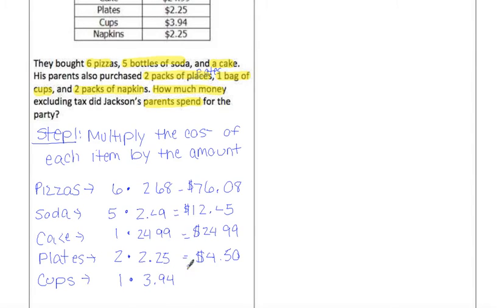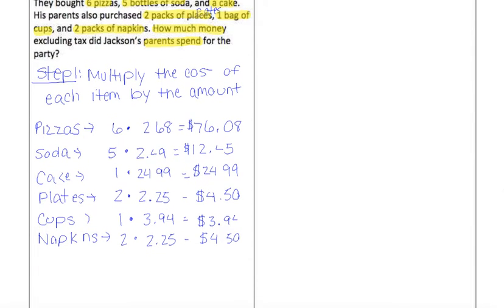And if we multiply that together, we get $3.94 because it just times 1. And then the last thing that we got was the napkins. And the napkins, we bought 2 packs of napkins for $2.25 each. And if we multiply that together, we get $4.50.